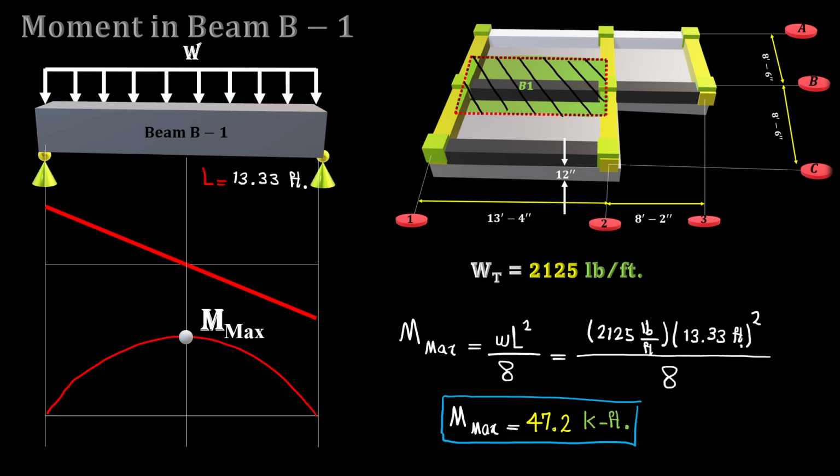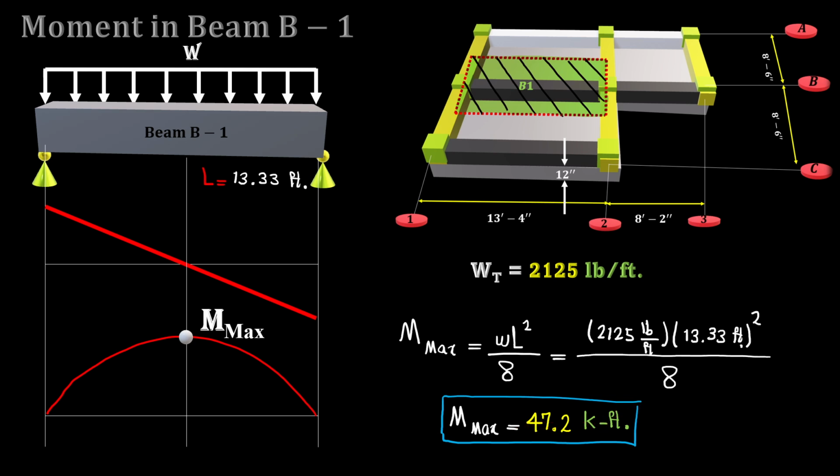By unfactored we mean we didn't apply 1.2 dead load plus 1.6 live load. It's simply the summation of dead load and live load, without using the factors. That's the unfactored moment.